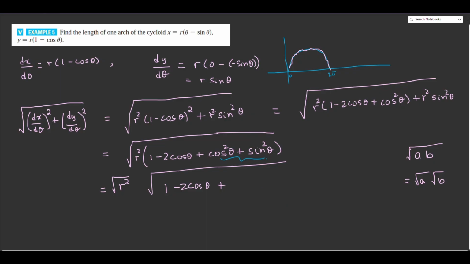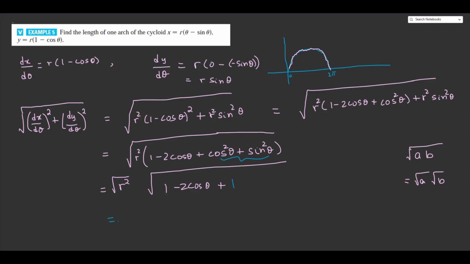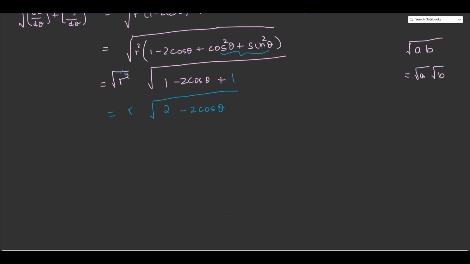So 1 plus 1, and the square cancels with the square root, so it will become 2 minus 2 cosine of theta.